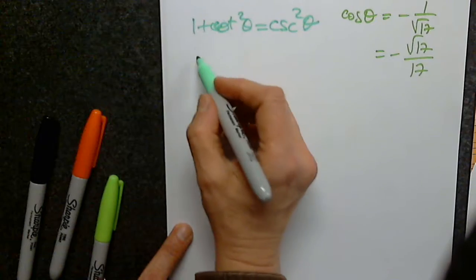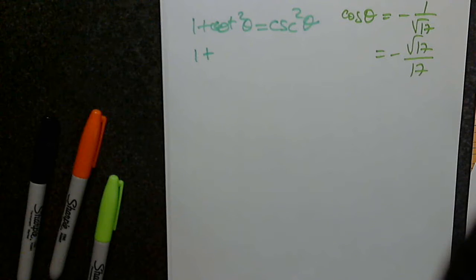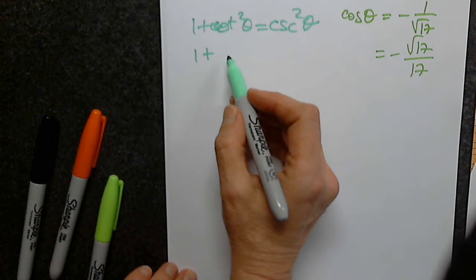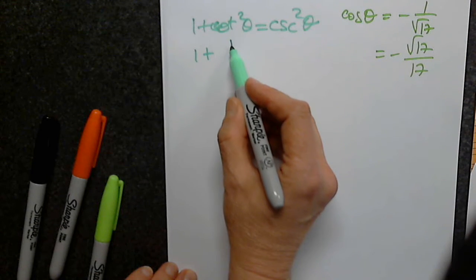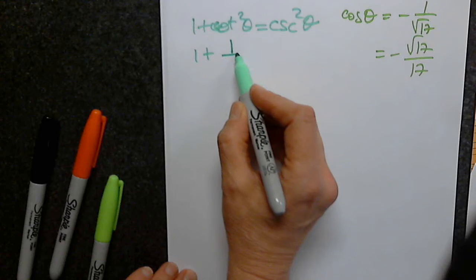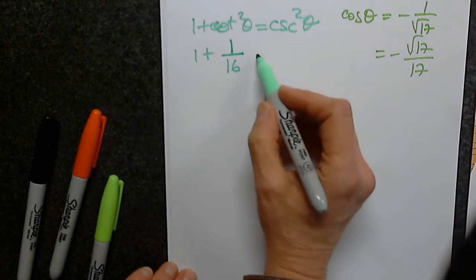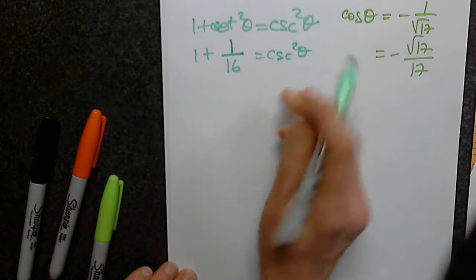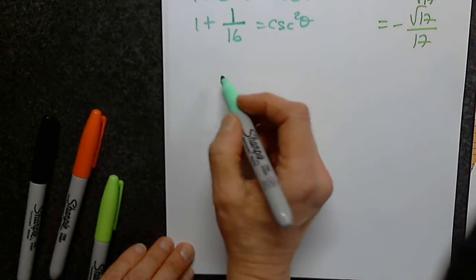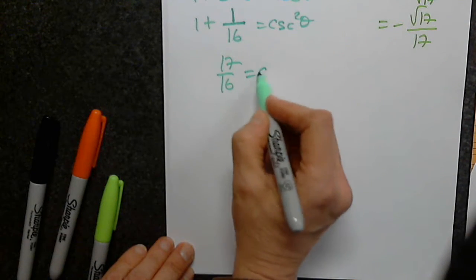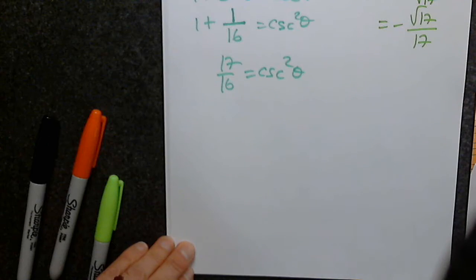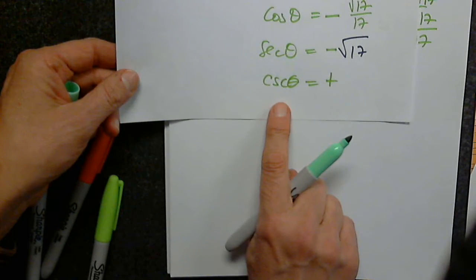So then 1 plus, very good, equals cosecant squared theta, which is 17 over 16.